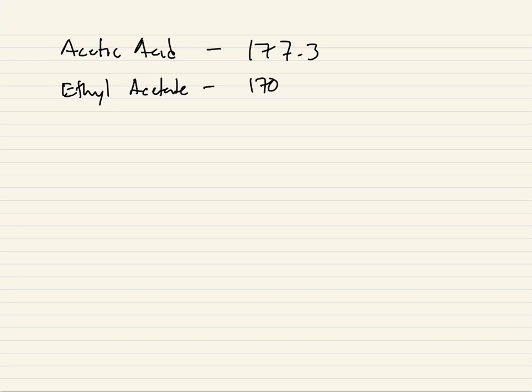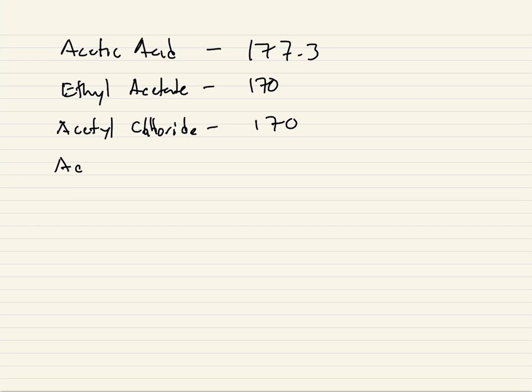Acetic acid is going to be around 177.3. The ethyl acetate, so that's an ester, is going to be about 170. The acetyl chloride is going to be around 170 as well.